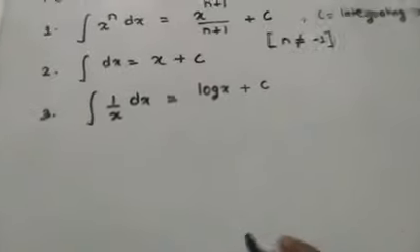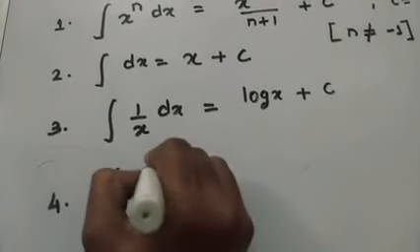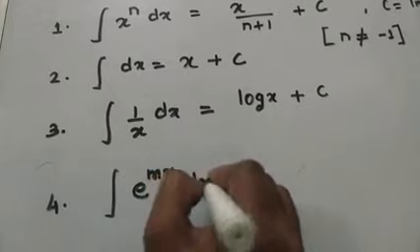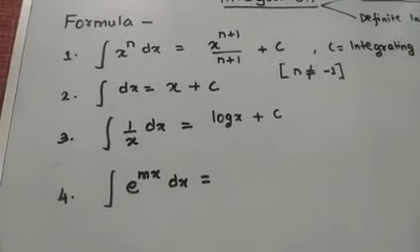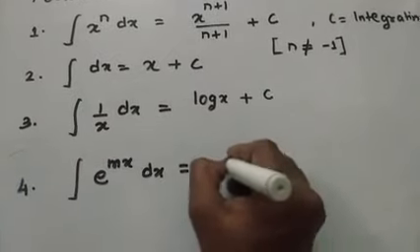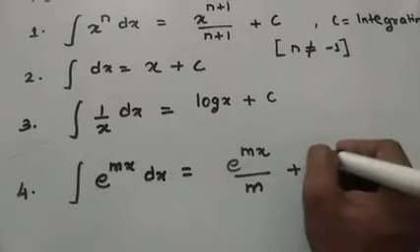Formula number 3. Formula number 4: integration of e to the power mx dx. The formula will be e to the power mx divided by m plus c.